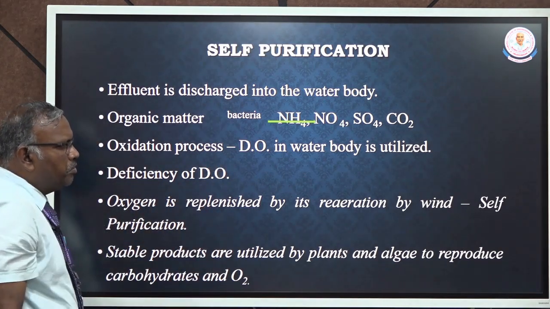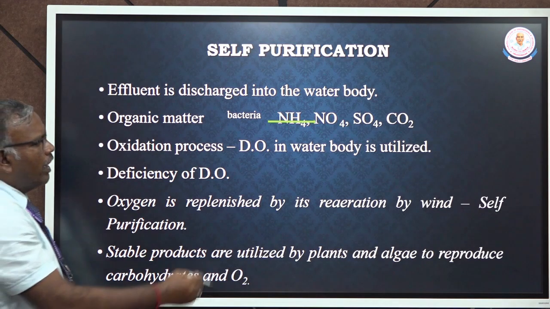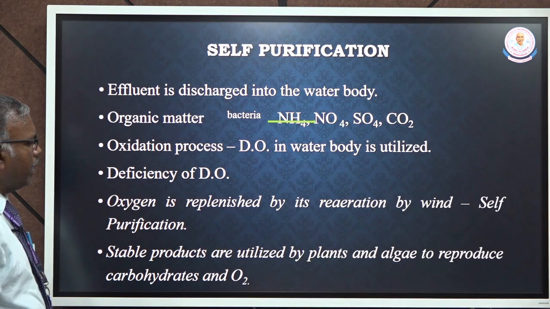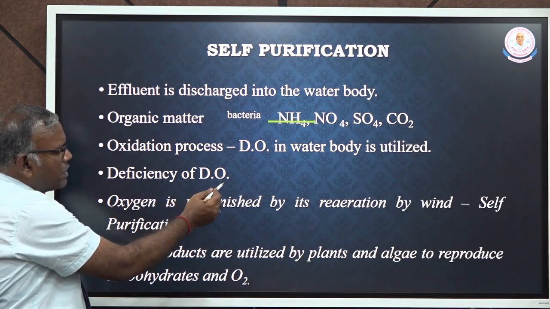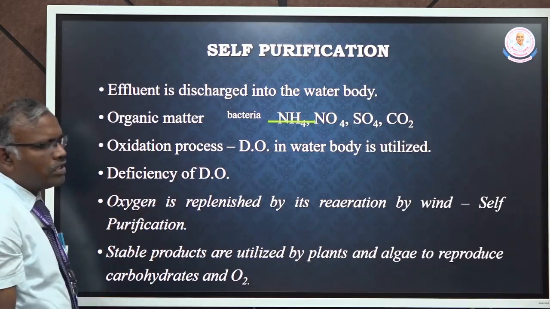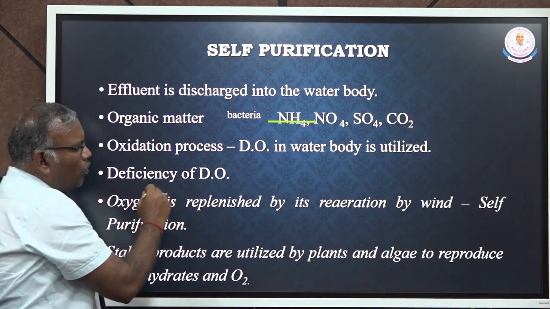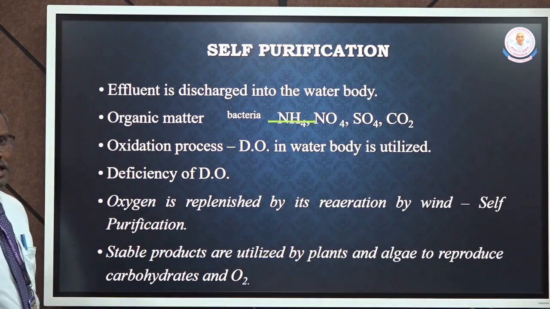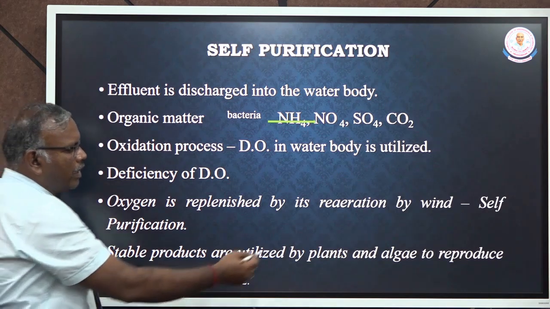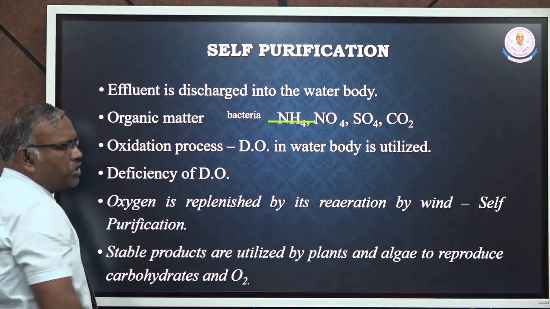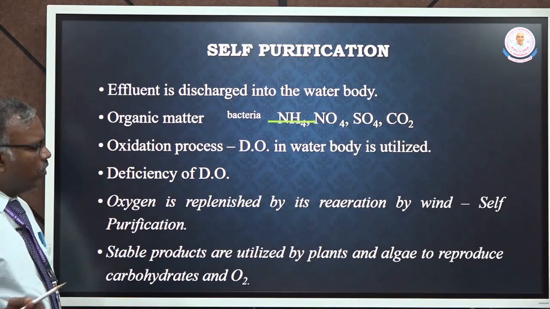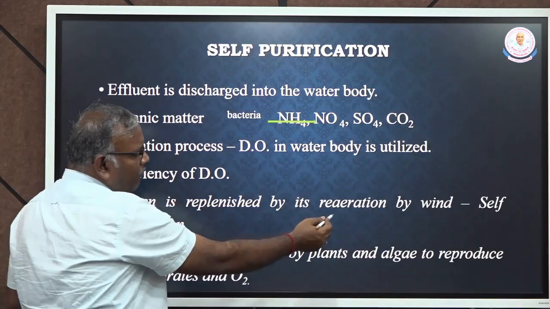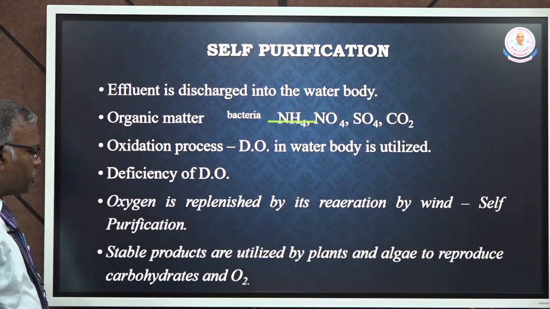And next, the oxidation process takes place, where the dissolved oxygen in the water body is utilized by the bacteria for the degradation process. There will be a decrease in the oxygen due to utilization of the oxygen for degradation. Next, once the degradation is completed, the oxygen level keeps on increasing by the re-aeration process, by which the wind energy, that is the air from the atmosphere, gets transferred into the water body, and the oxygen level will be increased by re-aeration.